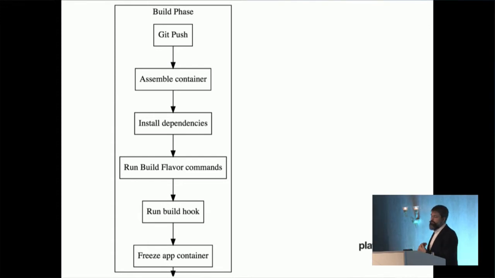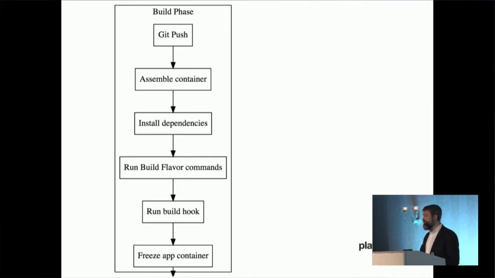So Platform goes and it looks at the services that you've asked for, and it assembles the containerized versions of those. So it'll have MySQL in a container and Redis in a different container, or multiple containers if it's high availability. It'll install the dependencies from rubygems to npm install, pip if you've got Python dependencies, obviously composer dependency as well. It gets all of those, puts them on the file system. It runs build flavor commands that in this case would be composer install.